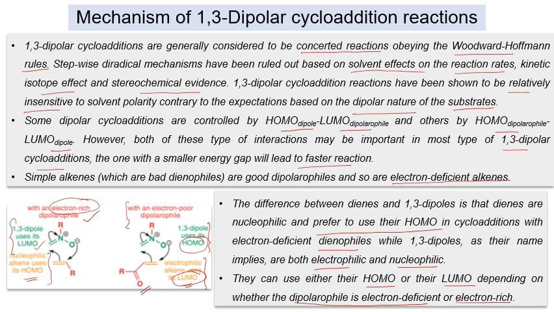This will also have a bearing on the regioselectivity. Okay, so depending on which groups are present on R, if R is electron rich or R is electron deficient, the negative end of the 1,3-dipole will accordingly attack that particular terminus which is electron deficient.